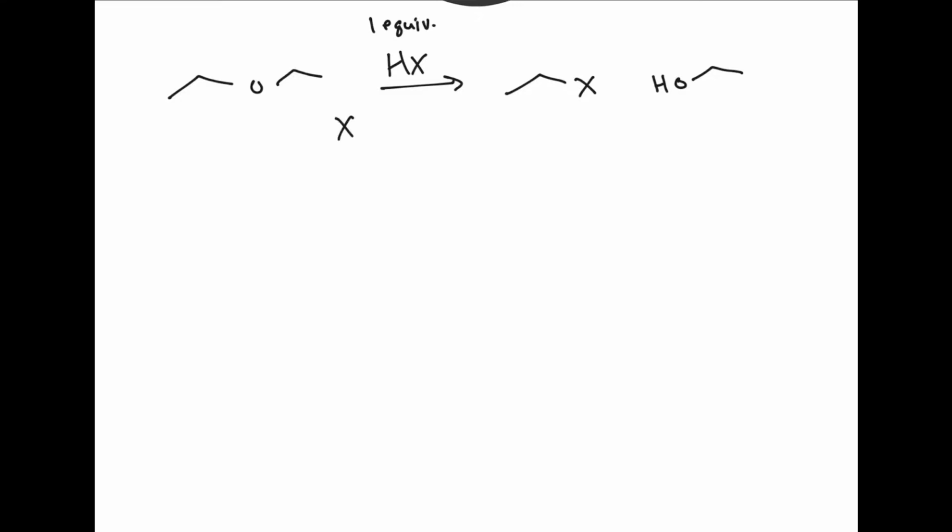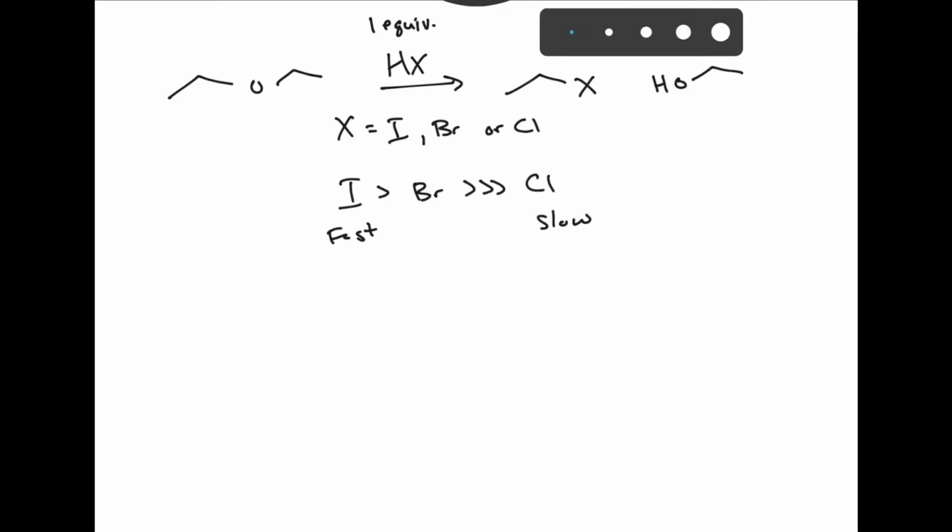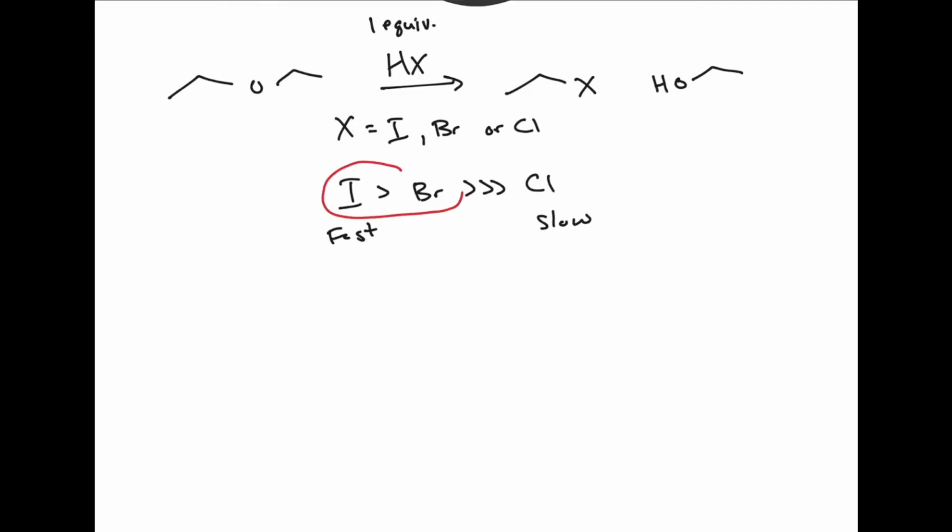X here can be iodide, bromine, or Cl. Normally, though, the rates are iodide is fast, then there's bromine, then there's a big gap, and there's chlorine. Chlorine's slow. So for the most part, we're going to focus on examples that use iodide and bromine. Chlorine works, but not quite as well.